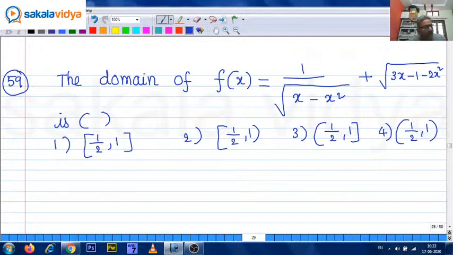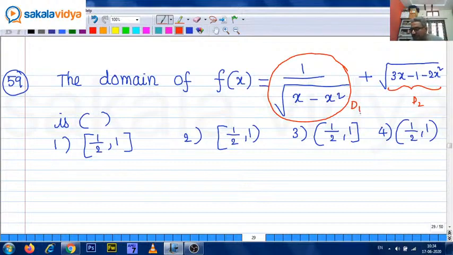I don't have the idea whether it is this or that, whatever. See, I go for the solution now. First we need to find out the domain of this function and domain of this function. Say domain of this function is d1, this is d2. Our plan is d1 intersection d2. Okay, right.